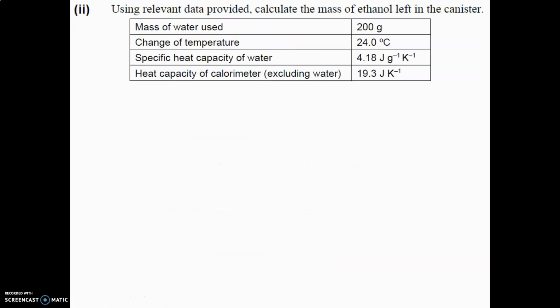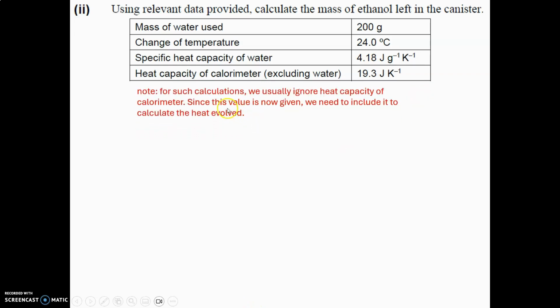Next, part 2, using the data provided, calculate the mass of ethanol left in the canister. Now, this question obviously requires you to use Q equals mc delta theta, and you'll notice that the m is usually the mass of water that we have used in the reaction.